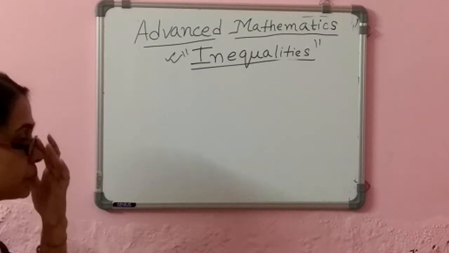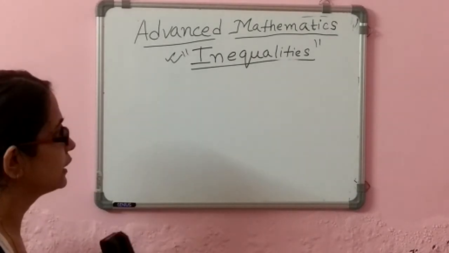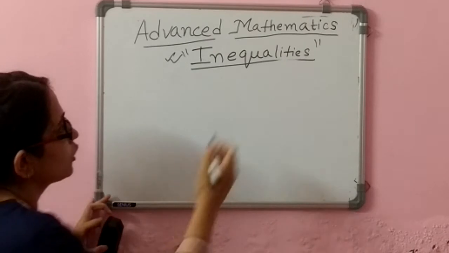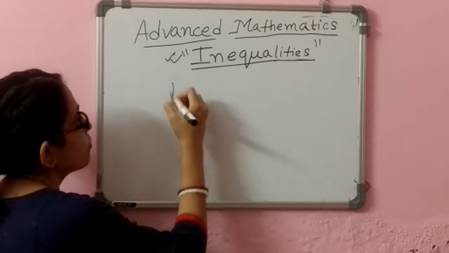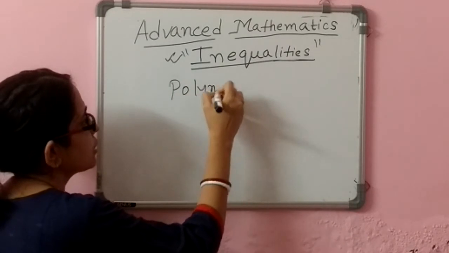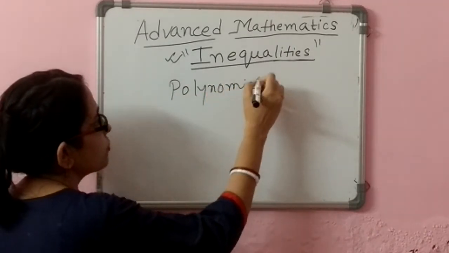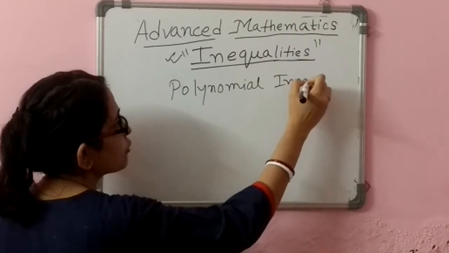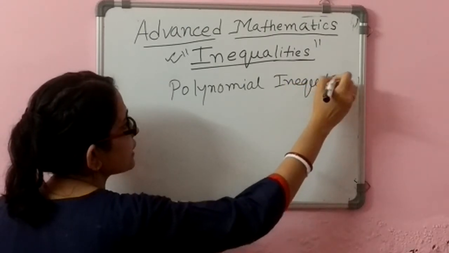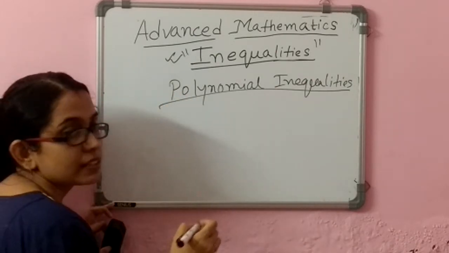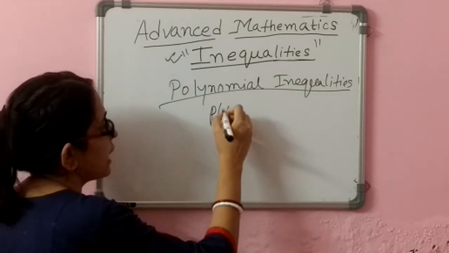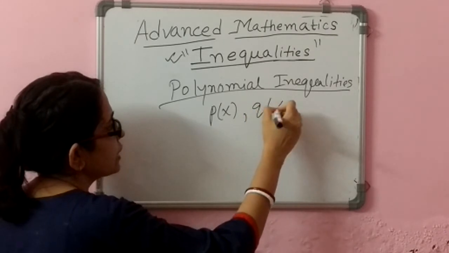So after this, the main concept we will discuss is polynomial inequation. What is polynomial inequation? Means the equation of inequalities. Let Px and Qx be two polynomial equations.